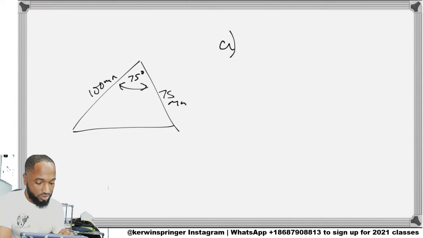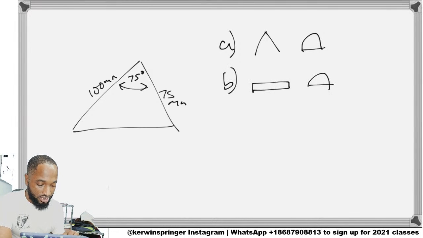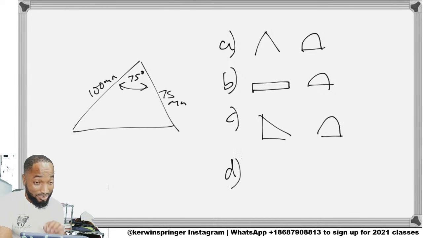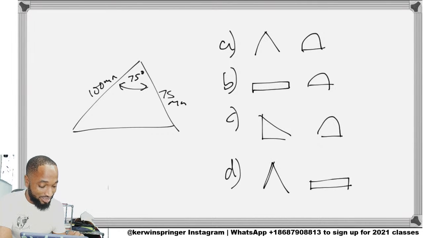Options: compass and protractor, ruler and protractor. The options are really ridiculous when they ask you these kinds of questions. Set square and protractor, or look at this one, compass or ruler and pencil.